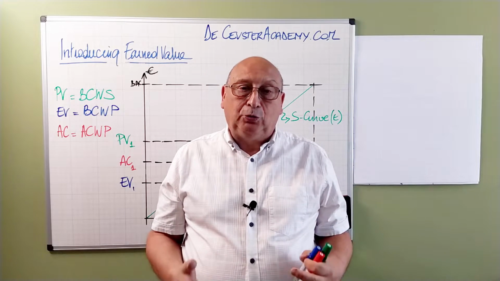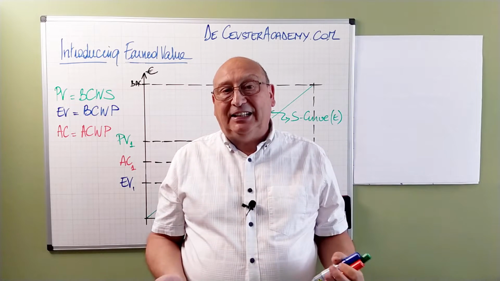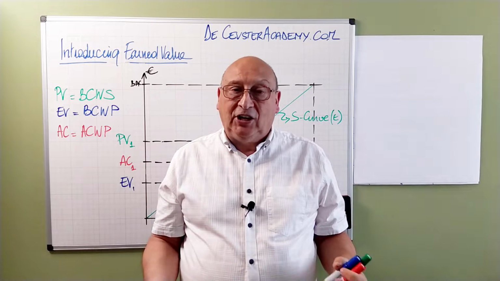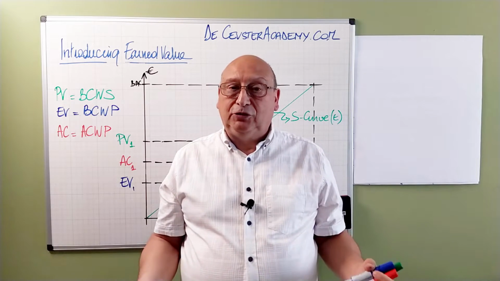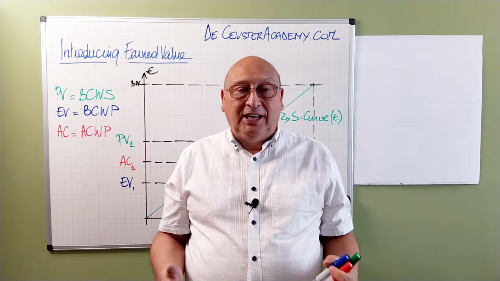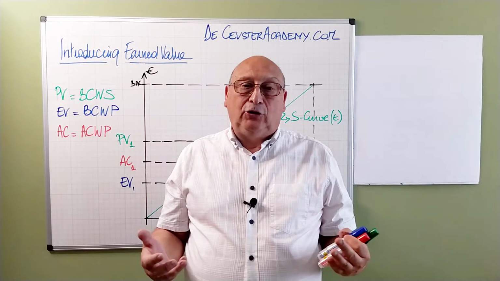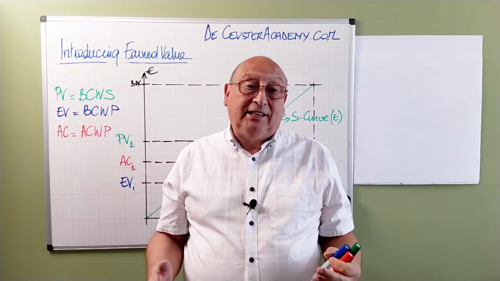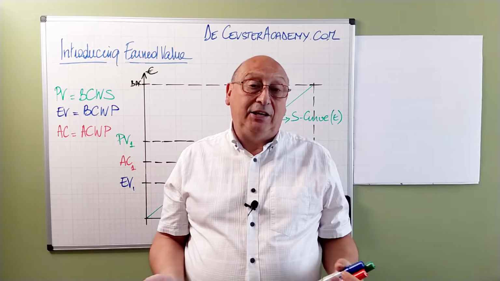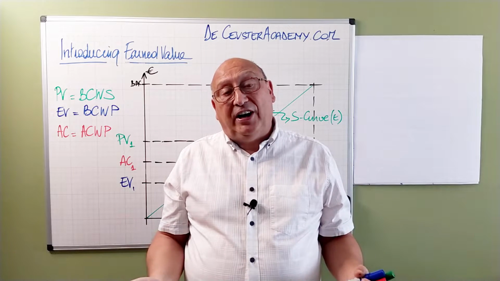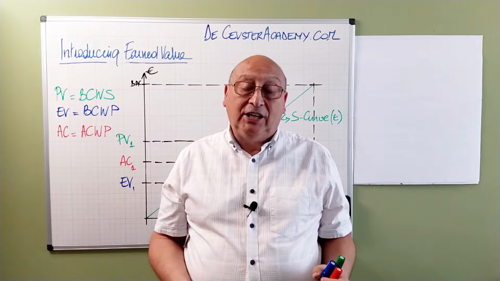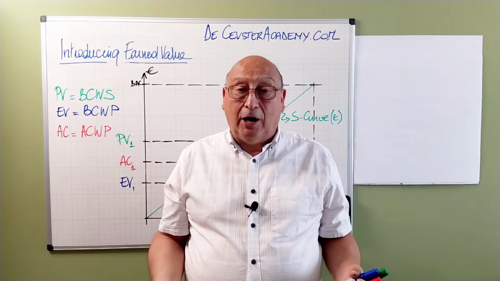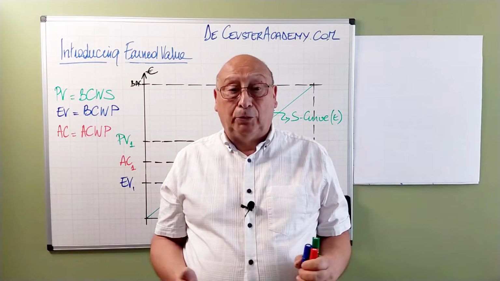Earned value management will help us to make the right decisions about a project even long before the project is finished. And you can imagine, if we can detect that the project is going to be so over budget that the business case is not valid anymore, this is very important information, and we may use that, for example, to kill the project.